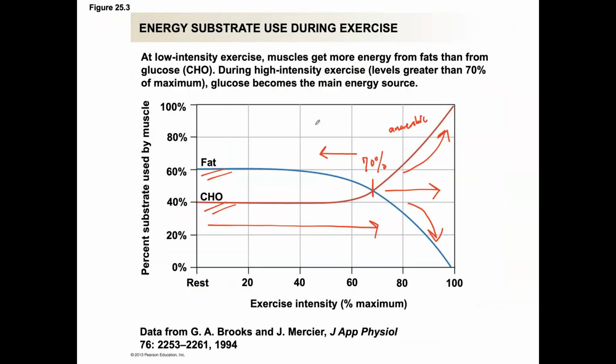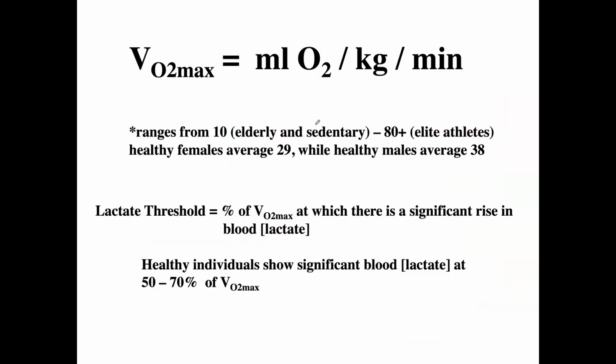A way to measure the activity within skeletal musculature and to look at essentially the intensity of exercise and to be able to quantify exercise is to look at something called the VO2 max.